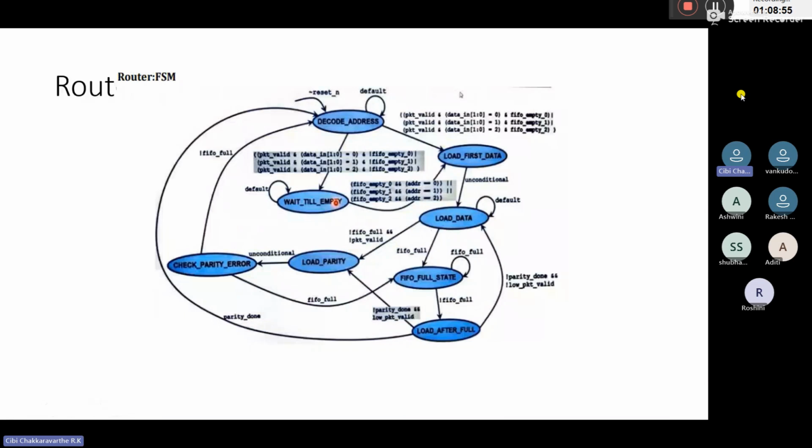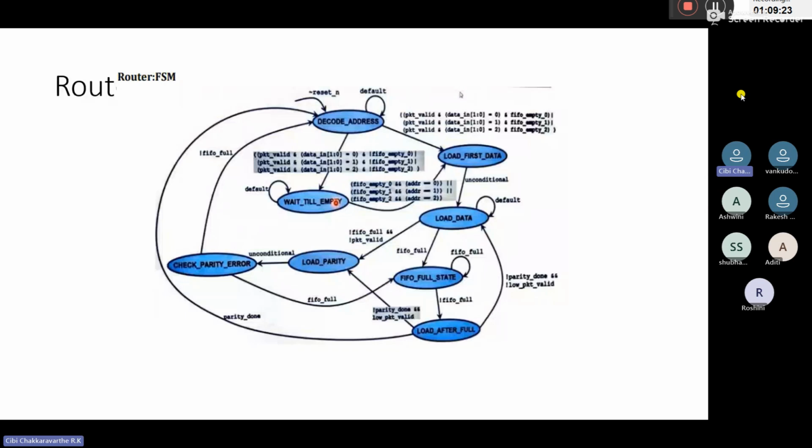If our FIFO has the capacity of 2 bytes, and the packet which we pass is 2 bytes, it is okay. It can hold that and pass it. But if it has 3 bytes, what happens? Suddenly, from load data it goes to the FIFO full state. So now the FIFO is full.